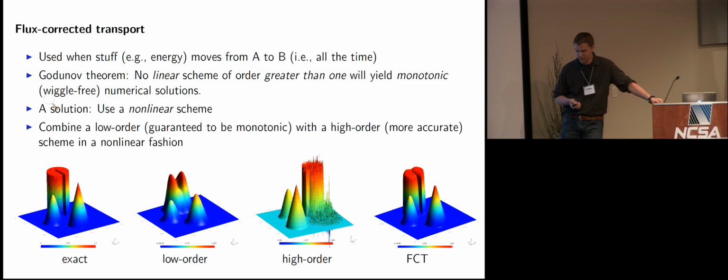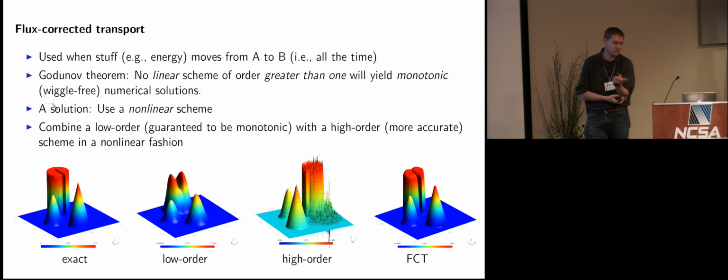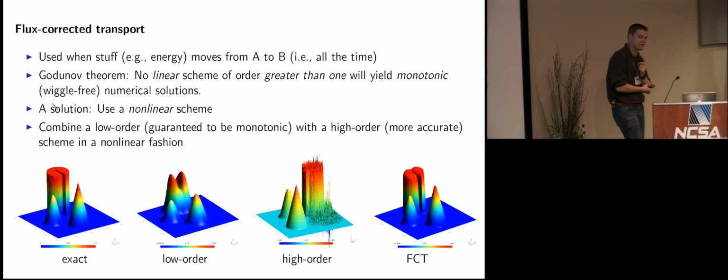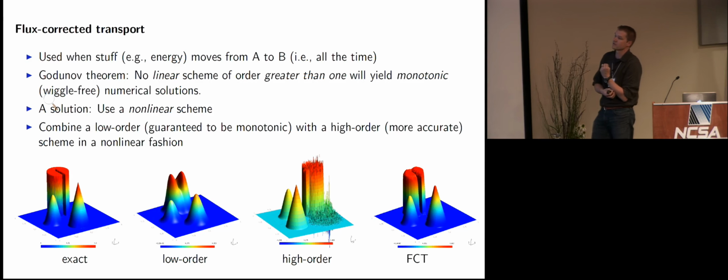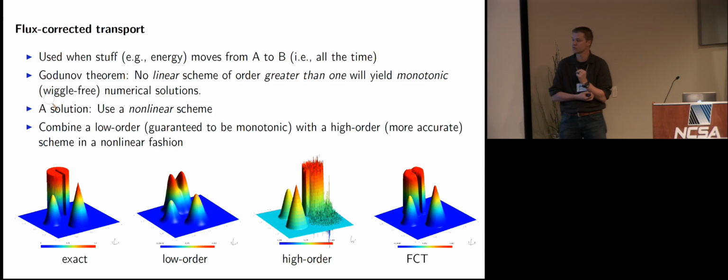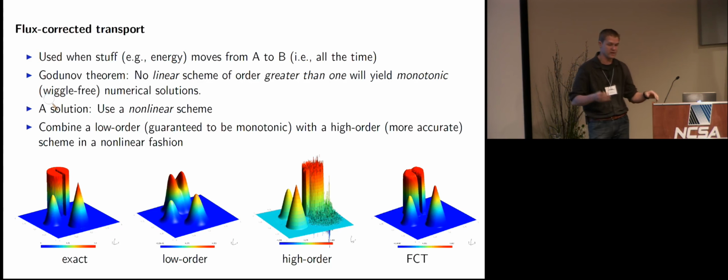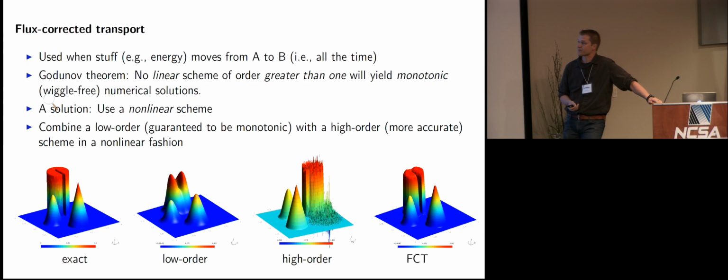So here's what I promised on flux corrected transport. It's just a single slide, very high level. That's a technique of CFD, computational fluid dynamics, and it's used whenever stuff moves from A to B, and you have a PDE, you want to solve it on a mesh, and because of this theorem that no linear scheme of order greater than 1 will yield monotonic, that is wiggle-free, numerical solutions, we've got to do something about it.